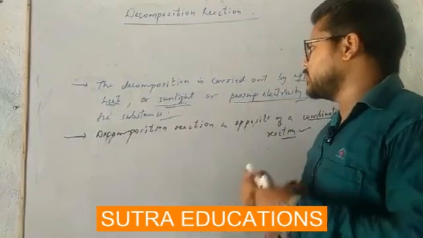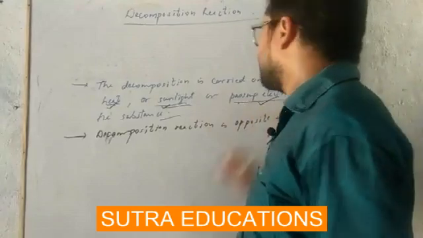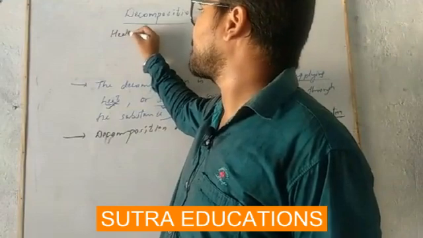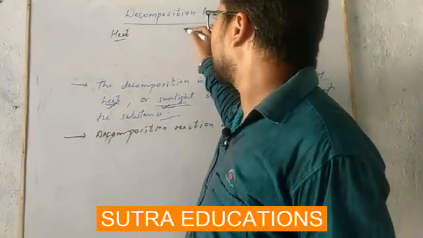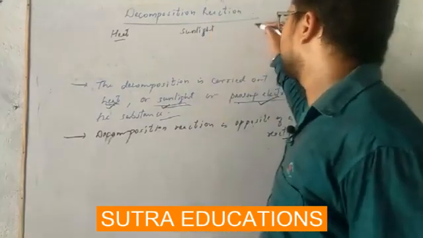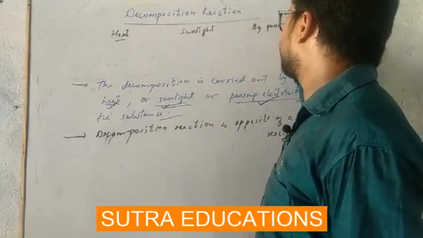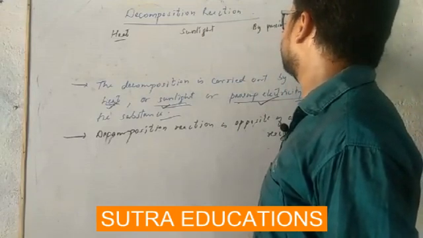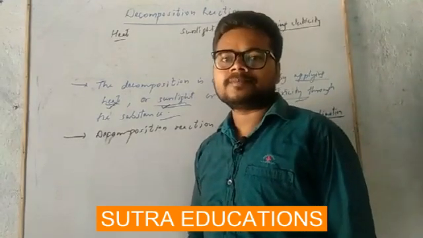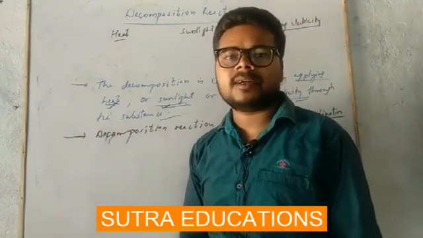I told you the decomposition is carried out by applying heat or sunlight or passing electricity. Means in one case we are applying heat, and in other case we are providing sunlight, and finally it is electricity, by passing electricity. So the decomposition which is carried out by the application of heat is known as thermal decomposition.